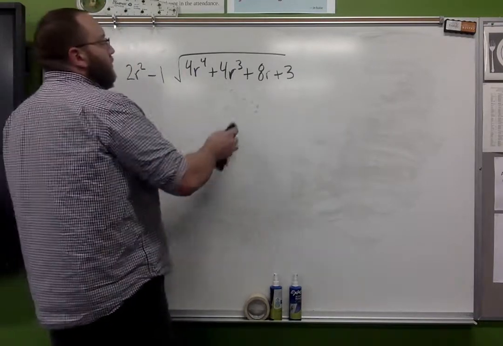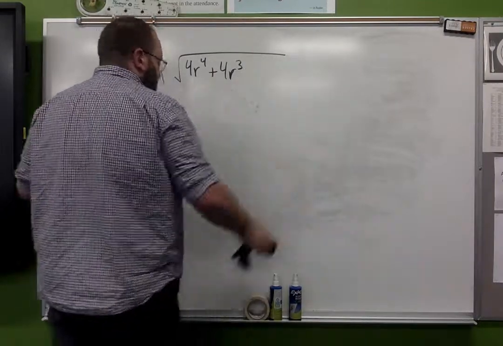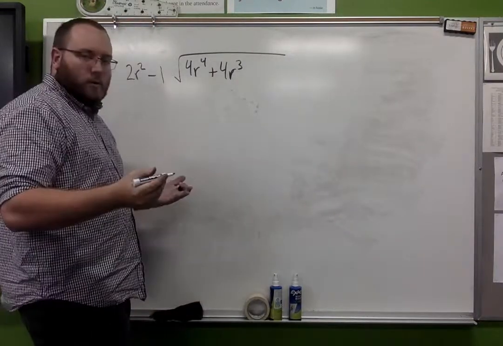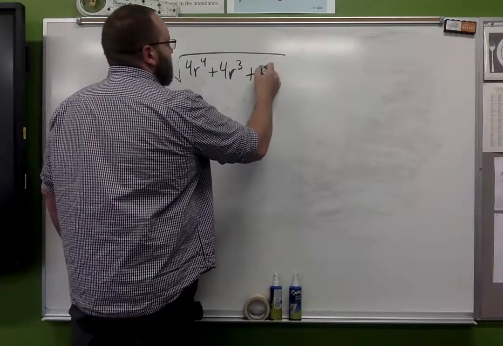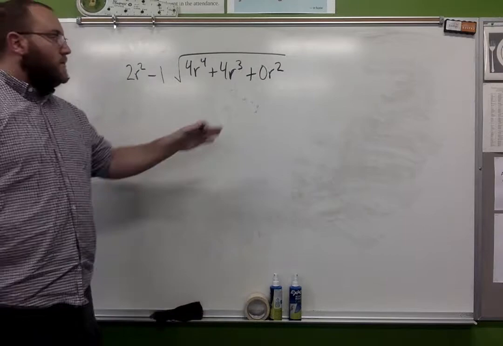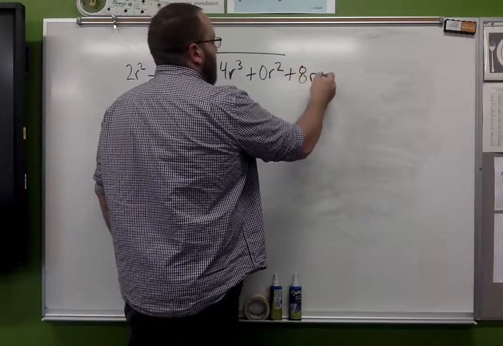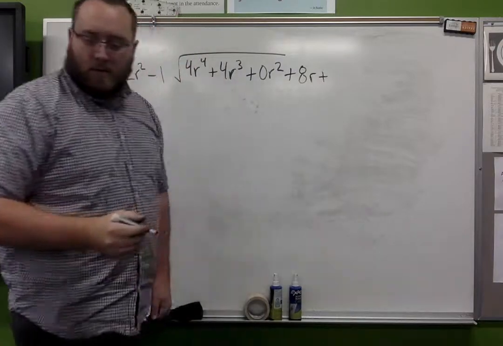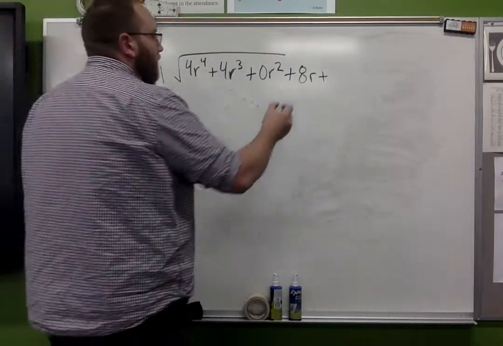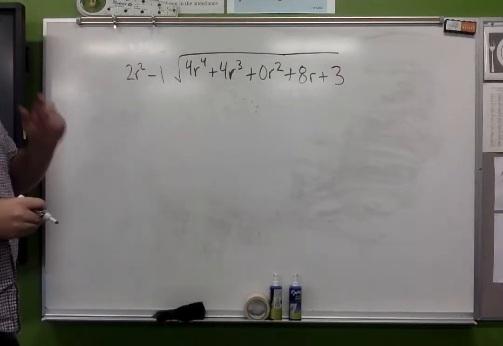What I'm going to do is right here after r to the third, I'm just going to put a placeholder, plus 0r squared. Right? I didn't have any r squareds, so I have 0 of them. I'm just going to create a placeholder.